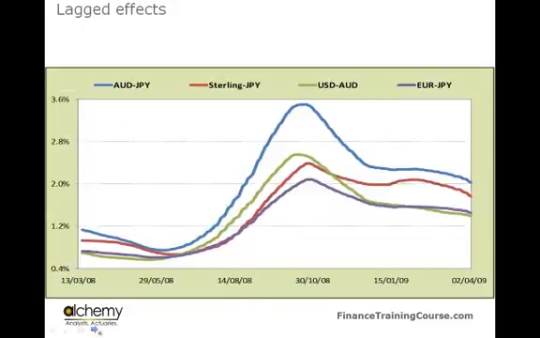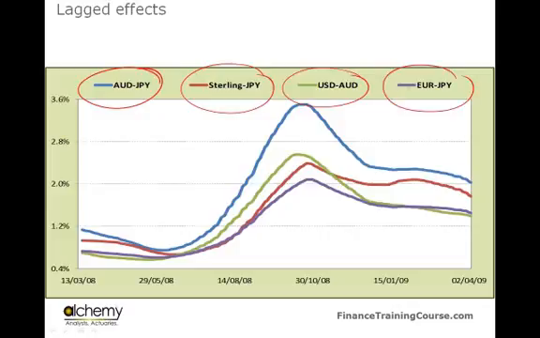Take this lesson to currencies. So look at Australian dollar versus JPY, sterling versus JPY, USD versus JPY, USD versus the Australian dollar, and the euro versus JPY. And you can see that it's the AUD JPY pair which is the most volatile. That went from about 0.5% here to about 3.6%, about a 7 times increase in vol.